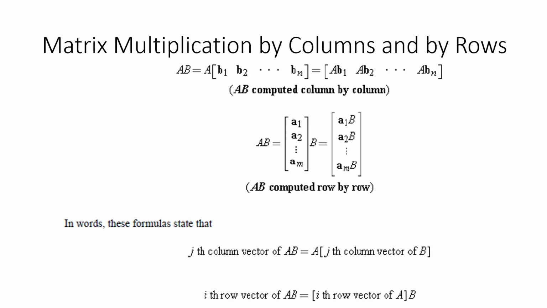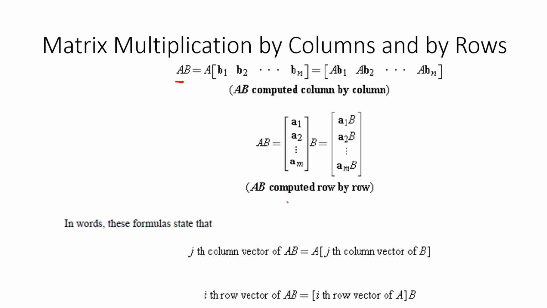So we have this one, AB computed column by column, and this one computed row by row.